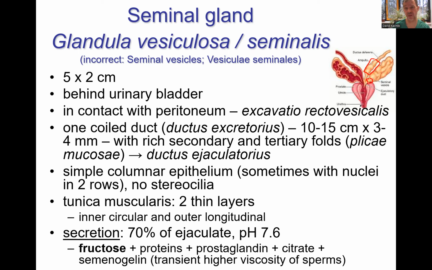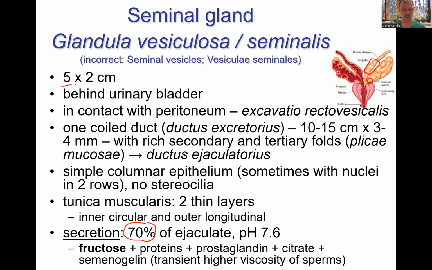It doesn't produce semen itself, but just the fluid, the majority of the fluid, 70%. It develops as a pouch from the mesonephric duct of Wolff, which is a precedent to deferent duct and also precedent to a seminal gland.